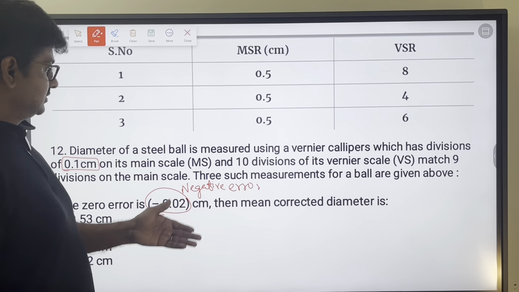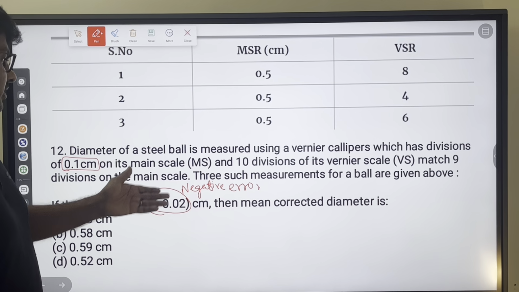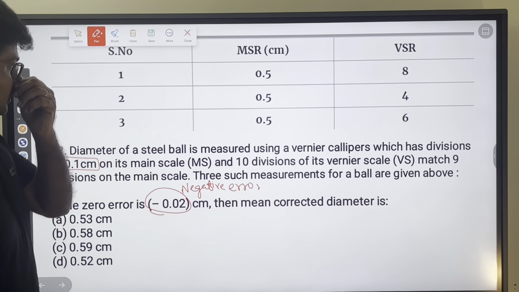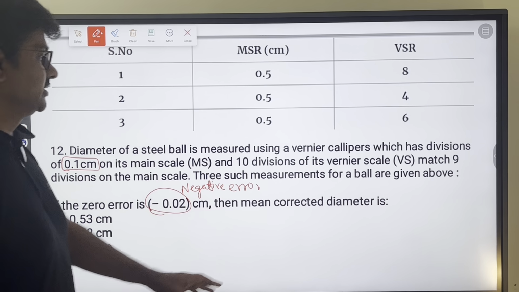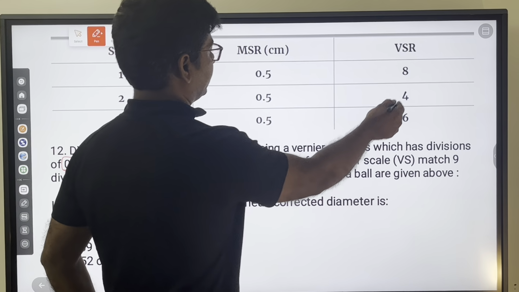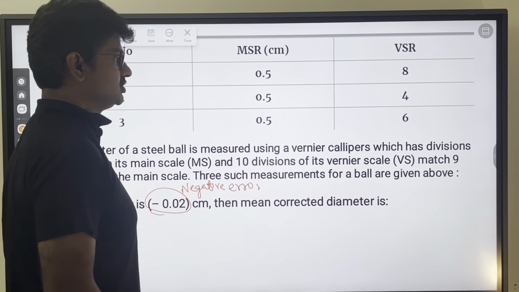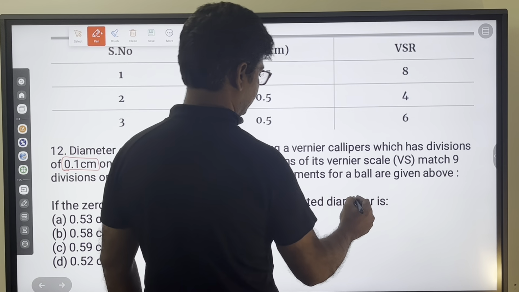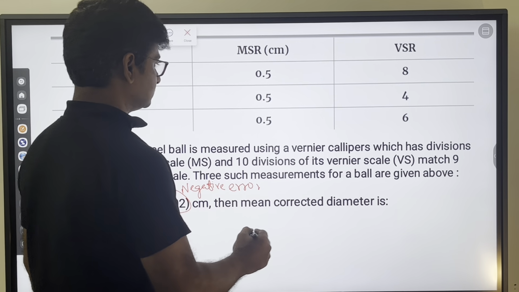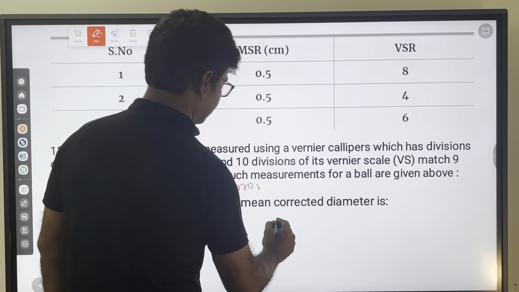Now, if this is the negative error, you have to find the mean corrected diameter. First find the actual measured value. So what is the measured value here? 0.5 centimeters.